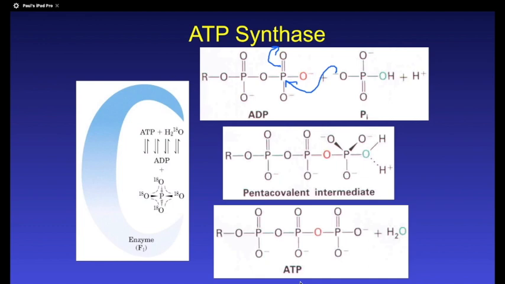What is the shape of an atom that has 5 bonds to it? What is the name of that shape? Trigonal bipyramidal. What is its hybridization? S, P, how many P's? 3, and a D. You have to have 5 places for electron pairs.